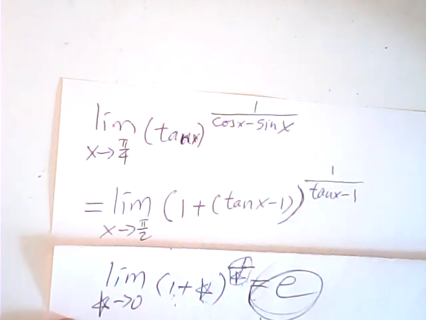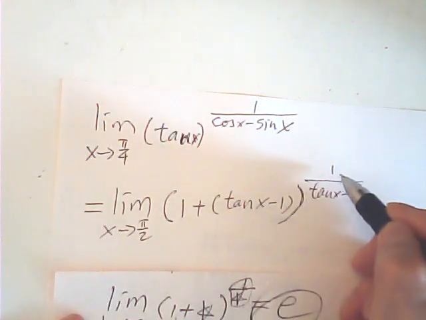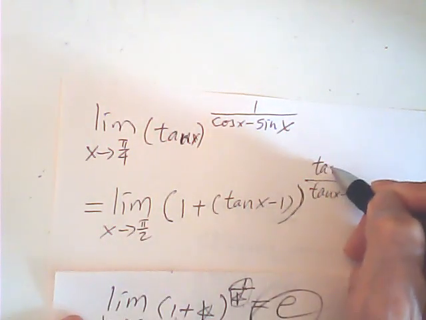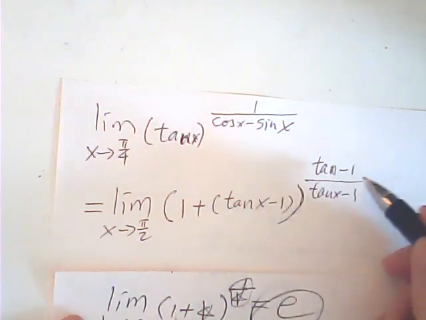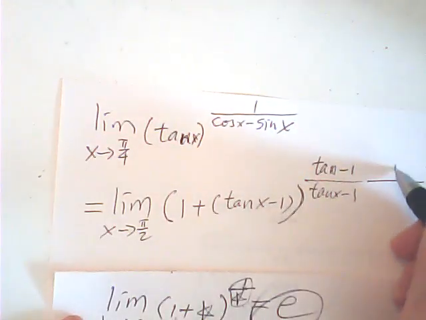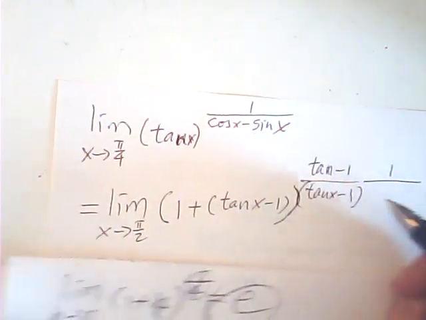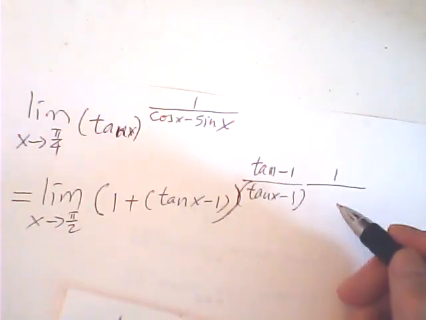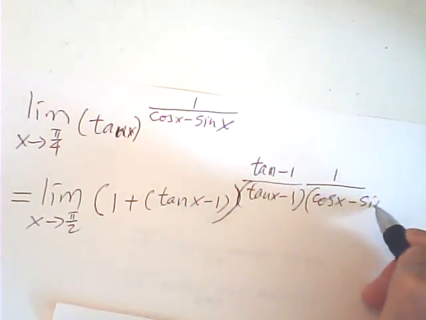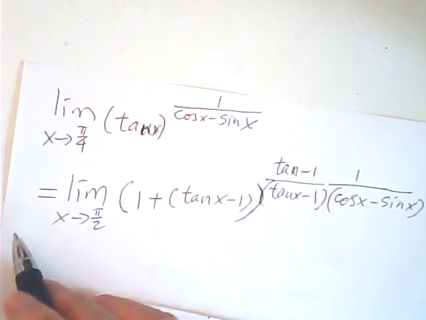But I have to maintain the equal sign. So this is tangent minus 1, so this is 1, isn't it? So I have this one, 1 over cosine x minus sine x. Now it's equal, right? The equal signs are back.